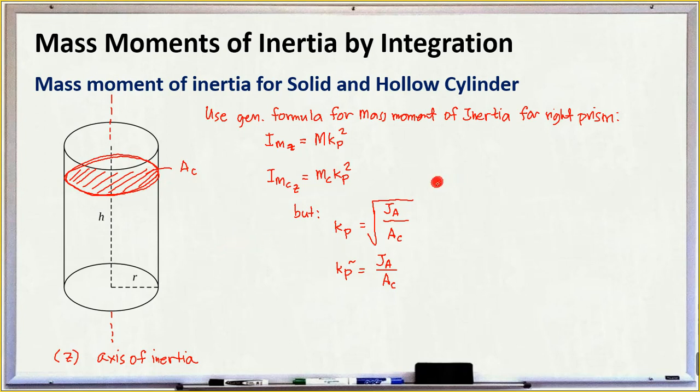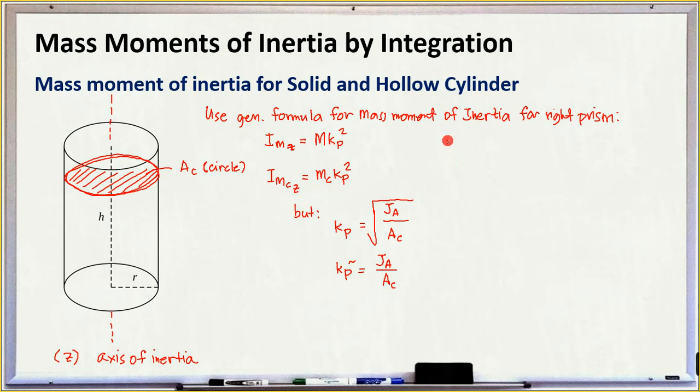Again, the shape of our cross-sectional area for the cylinder is a circle. So this is a circle, and we already know the polar moment of inertia for a circle.